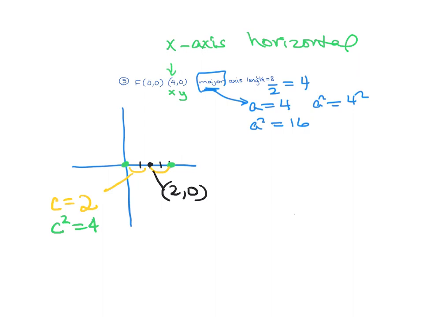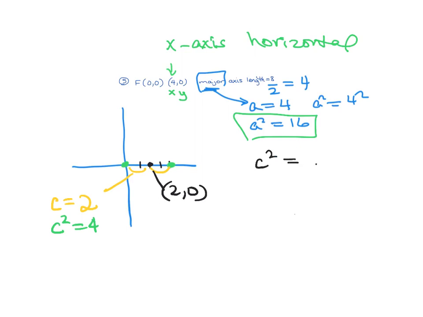And now I also need to figure out my vertices. Or actually, we already have our a squared. So now to find b squared, I'm going to use the formula again this time, because as soon as I have an a or a c or a b, I can use that formula to find the other missing squared variable.